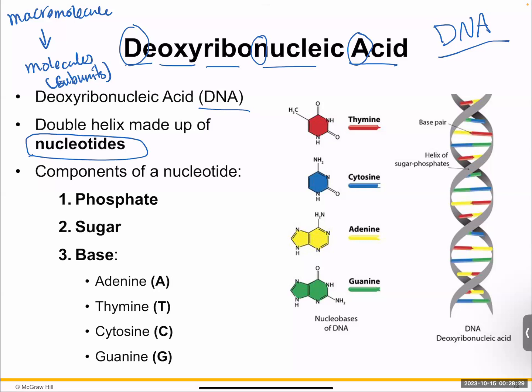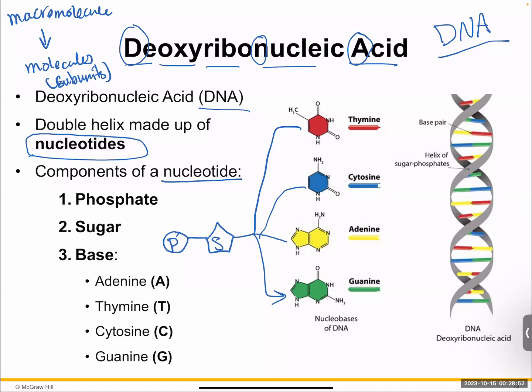So what are the components of nucleotides? And again, I will expand on it, we're just introducing. We have what we call a phosphate piece. We have a 5-carbon sugar. And then we have one of these bases that I have here.